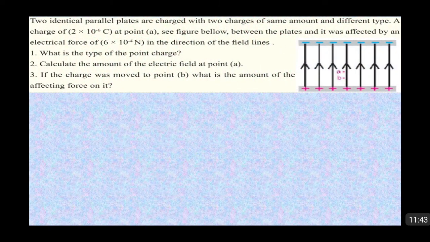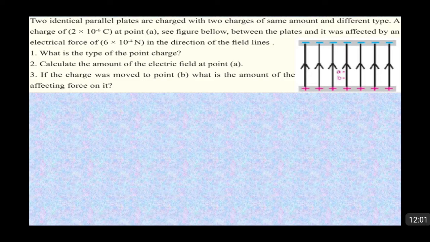Example. Two identical parallel plates are charged with two charges of same amount and different type. A charge of 2 multiplied by 10 power negative 6 coulomb is placed at point A between the plates. See the figure?